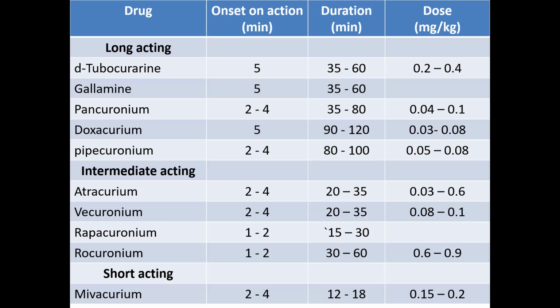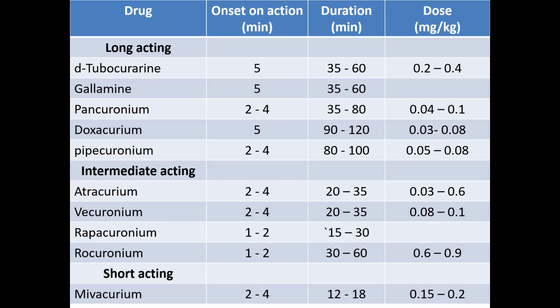And the onset of action of gallamine is within 5 minutes, and the duration is the same, 35 to 60 minutes. Regarding pancuronium, the onset of action is 2 to 4 minutes, the duration of action is 35 to 80 minutes, and the dose is 0.04 to 0.1 milligrams per kg body weight.